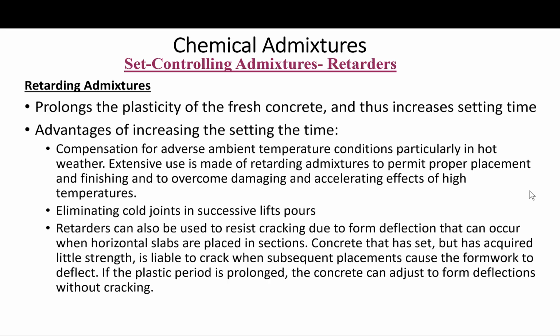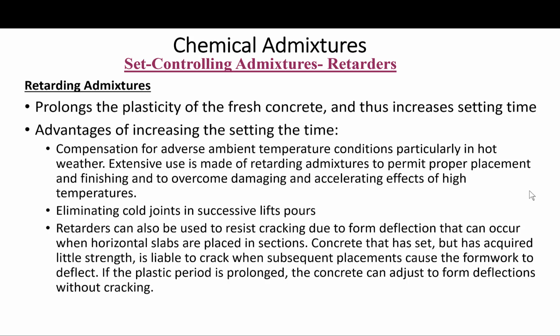Prolonging the plasticity of fresh concrete can be used to advantage in placing mass concrete. Successive lifts in a concrete member can be blended together by vibration, with the elimination of cold joints that would occur if the first lift were to harden before the next were placed.